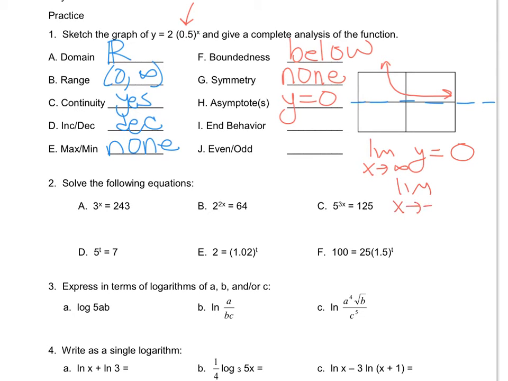And as we go to negative infinity, our function is going to infinity. And it is not even or odd. Even refers to y-axis symmetry, and odd refers to origin symmetry.